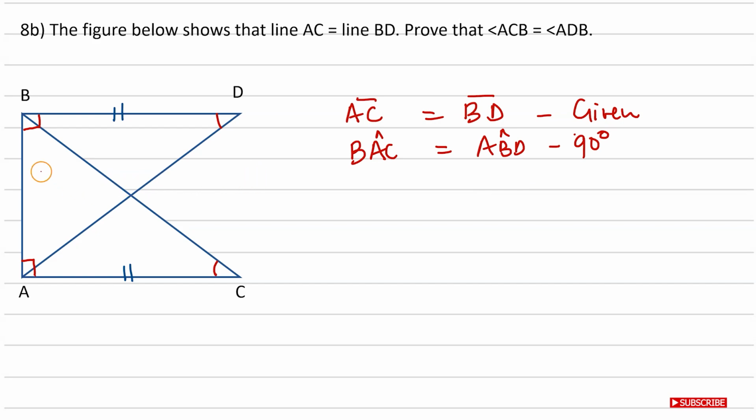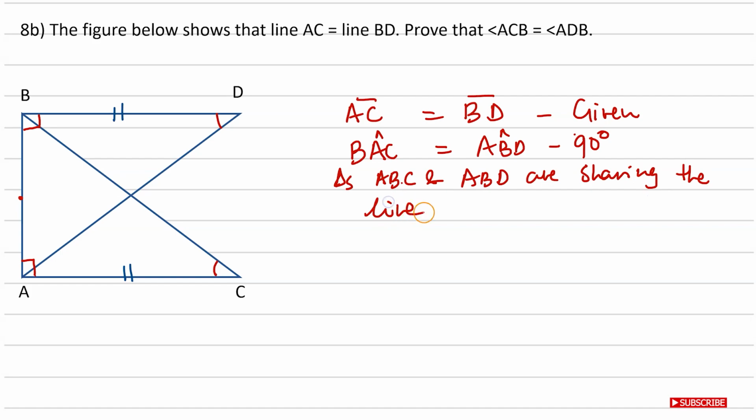Well, they're both sharing, if you look at the triangle ABC and the triangle ABD, they are sharing this line AB. So both triangles, triangle ABC and triangle ABD, are sharing the line AB.